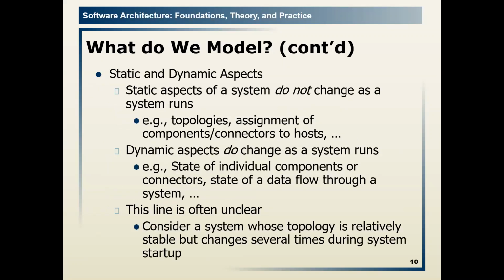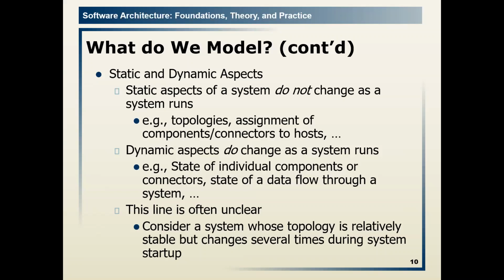Then what do we model? Right? What are the diagrams we can draw is another thing. So we have static and dynamic aspects. Now in UML, you might remember we had dynamic diagrams. Right? What are dynamic diagrams? Dynamic diagrams show the system as it runs. So while the system is running, the diagram changes.